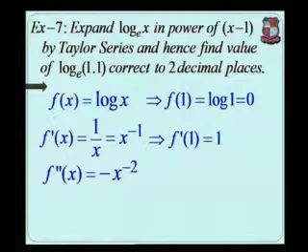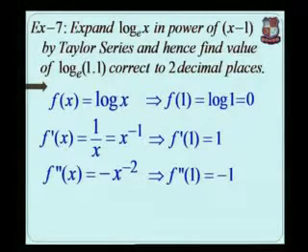We find out the double derivative, f''(x) is equal to -x⁻². Derivative of x⁻¹ is -x⁻¹⁻¹, so now it is -x⁻². Value at the point 1, f''(1) is equal to -1, because 1 raised to -2 will be 1, so it is -1.